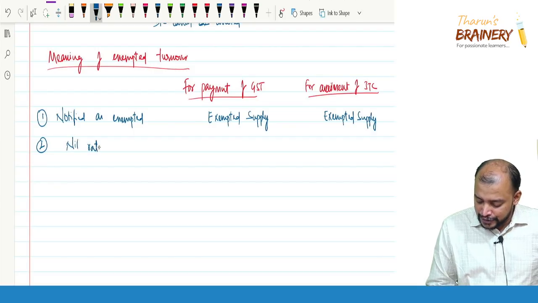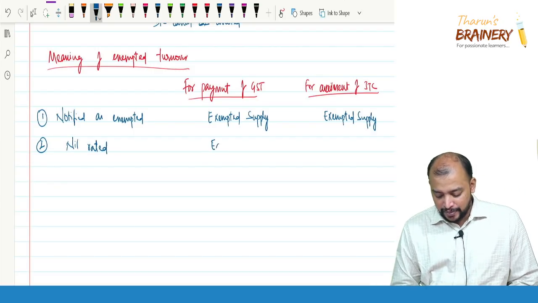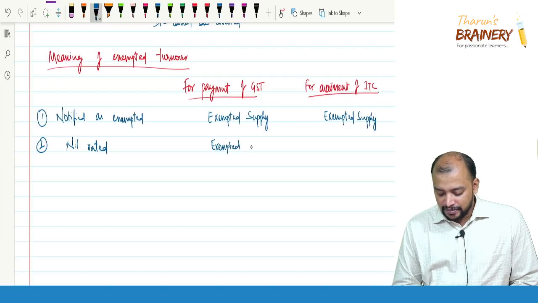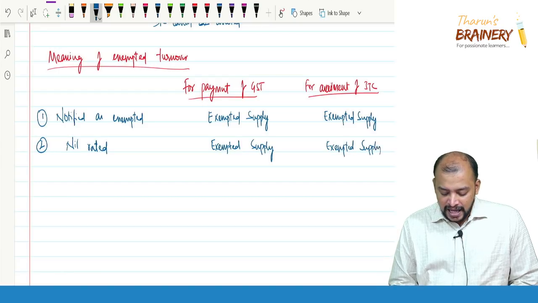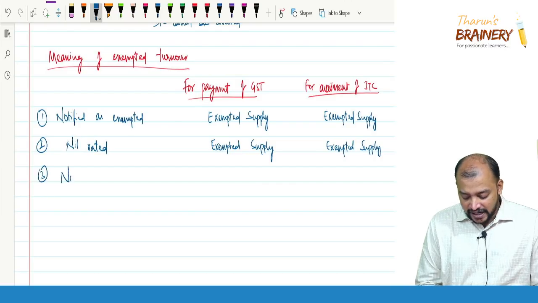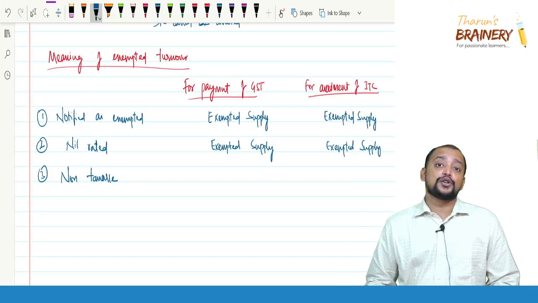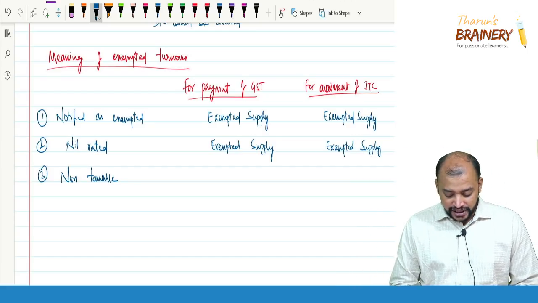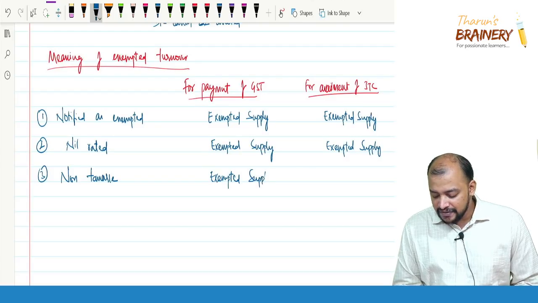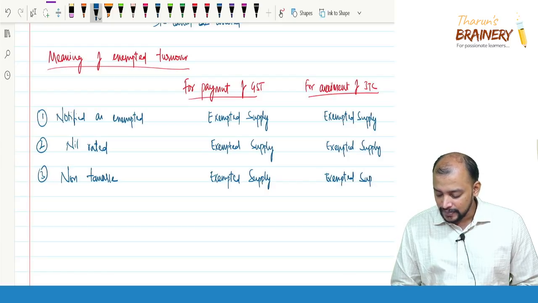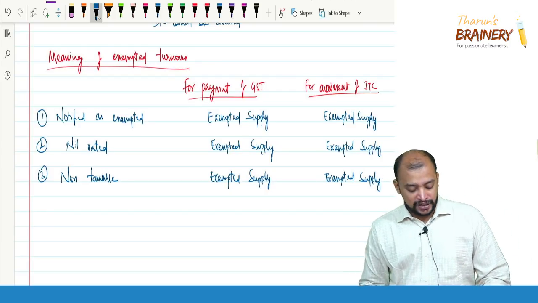Nil rated will also be treated as exempted supply for payment of GST, and even for availment of ITC. And then number 3, non-taxable supplies, that is alcoholic liquor for human consumption and petroleum products. These will be treated as exempted supply for payment of GST, and also for availment of ITC.